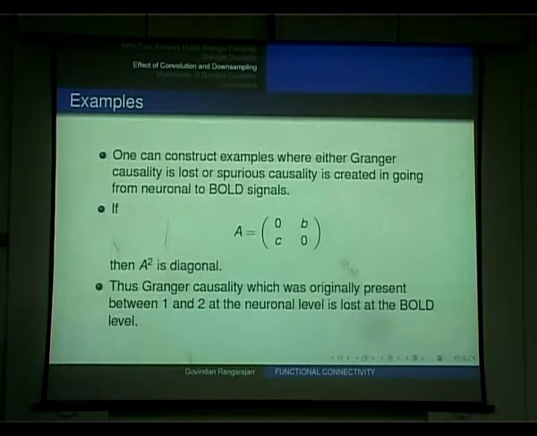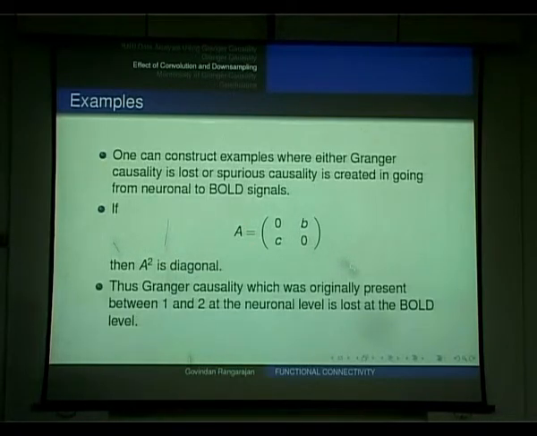For example, if you have such an A, what this tells you is that 2 has a causal influence on 1 with the strength B, and 1 has a causal influence on 2 with the strength C. If you have such a matrix A connecting 1 and 2, then if you take the square of this matrix, it's diagonal.